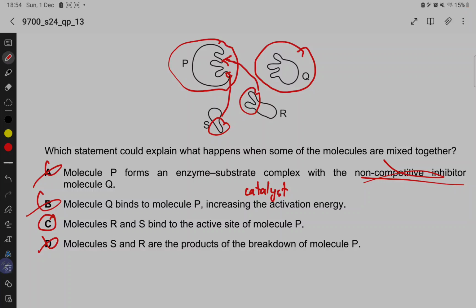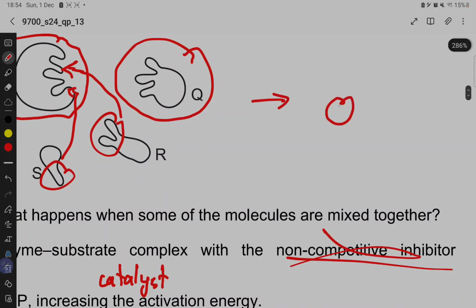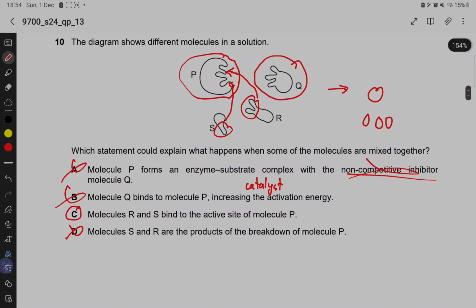While Q doesn't necessarily need to come out as R and S, could maybe become like this. And R and S, if you look very closely, mix their shape together, it doesn't necessarily become Q shape, just looks kind of similar.